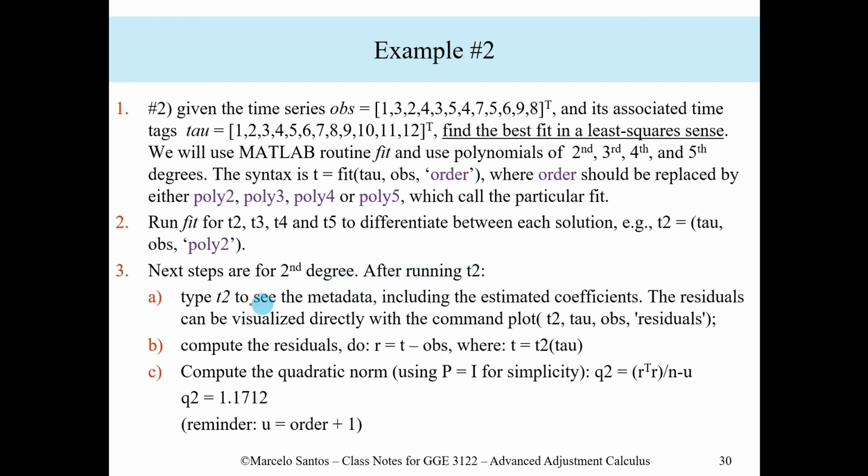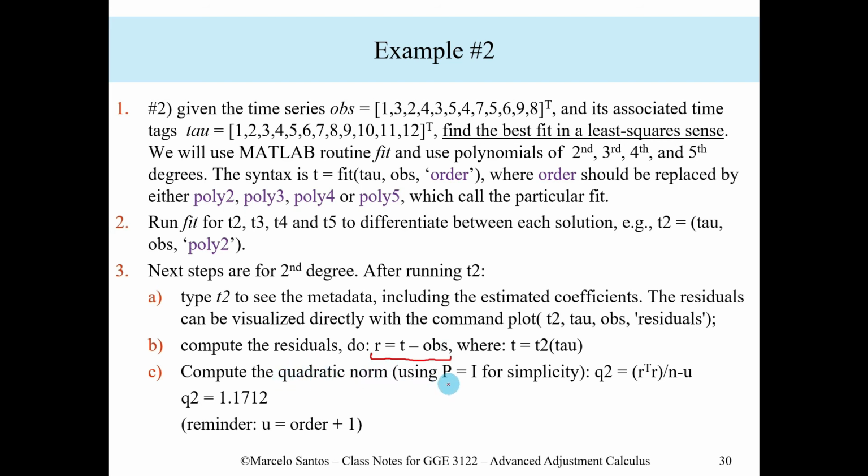Okay, the next steps are for the second degree. After running T2, we type T2 to see if the metadata include the coefficients. The residuals can be visualized directly by the command plot T2 tau observation residuals. We can compute the residuals by doing residuals equals t minus observation.